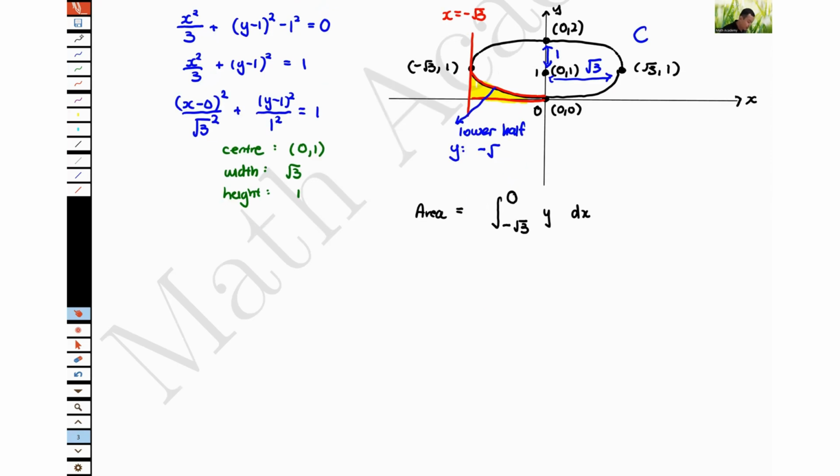Okay, so to get that, let's take this equation. I'm going to take from the second line. We want to rearrange our equation to make y the subject. So I will have (y − 1)². I move the x terms to the right-hand side. We remove the square, hence getting a plus minus square root.